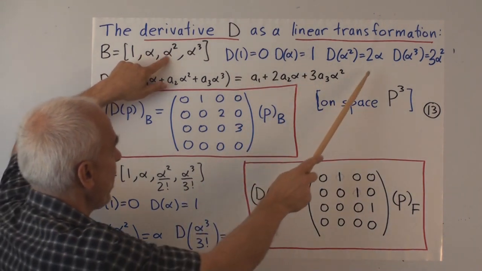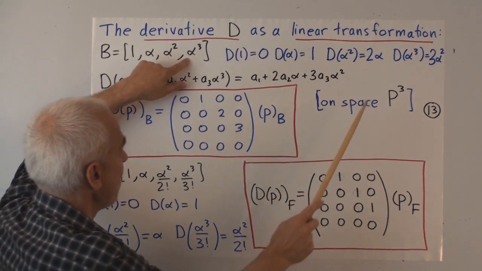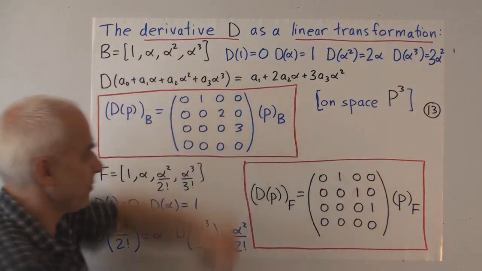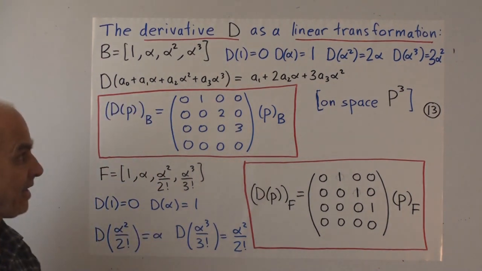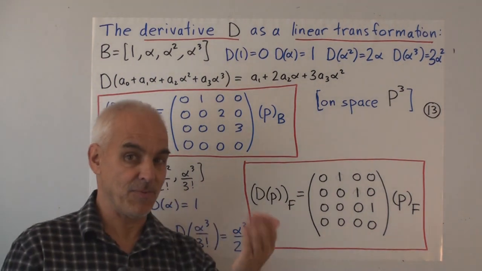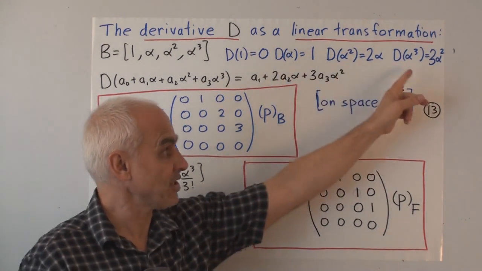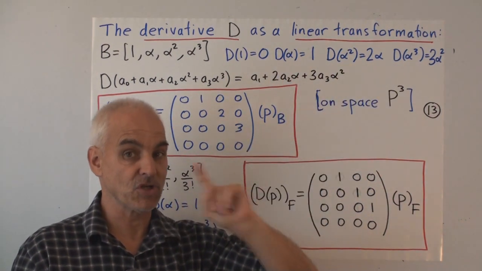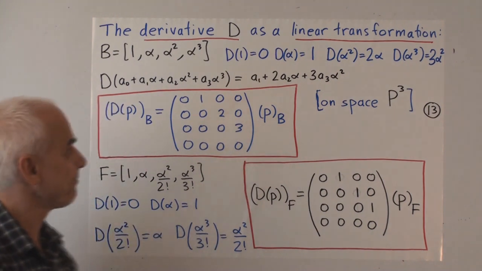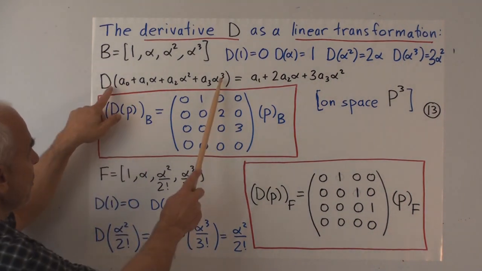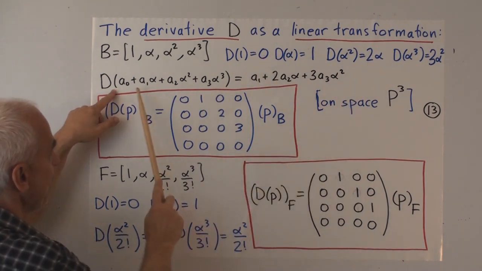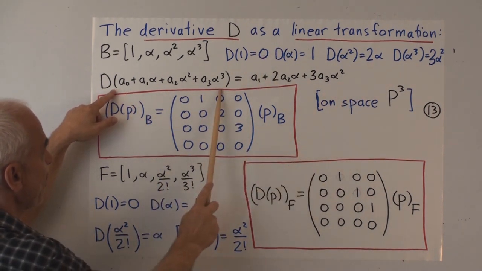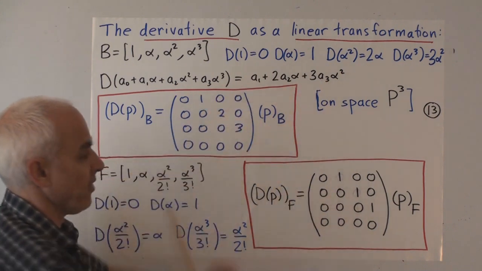The derivative of alpha squared is 2 alpha, and the derivative of alpha cubed is 3 alpha squared. I hope those formulas are familiar from calculus. If not, remember we defined what the derivative is. This is in fact just from our definition of what a derivative is. And I remind you, here's what it does to a linear combination, just combining these four things. So that general polynomial goes to that one. That's what the derivative is.